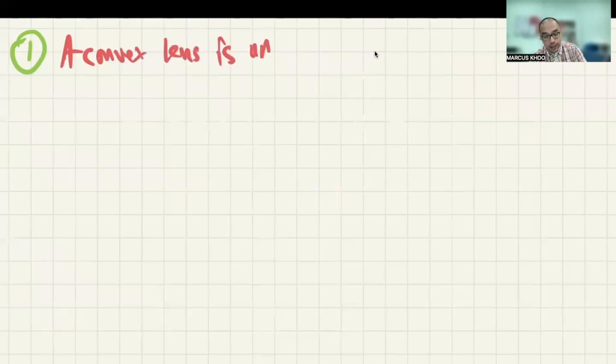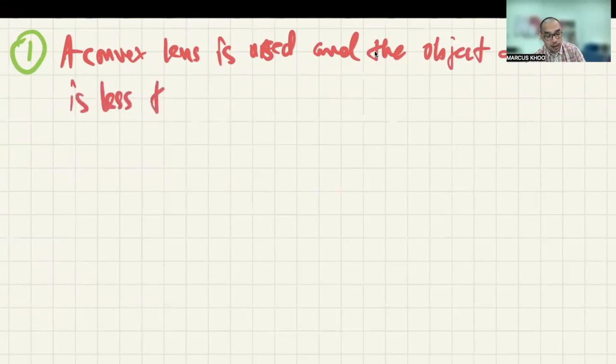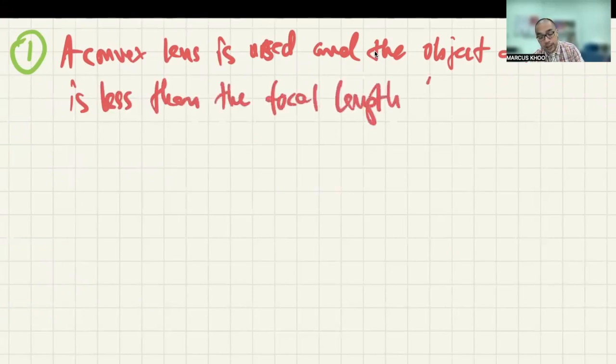Okay, a convex lens is used, and the object distance is less than the focal length. Essentially, u is less than f. Then you talk about the two light rays.